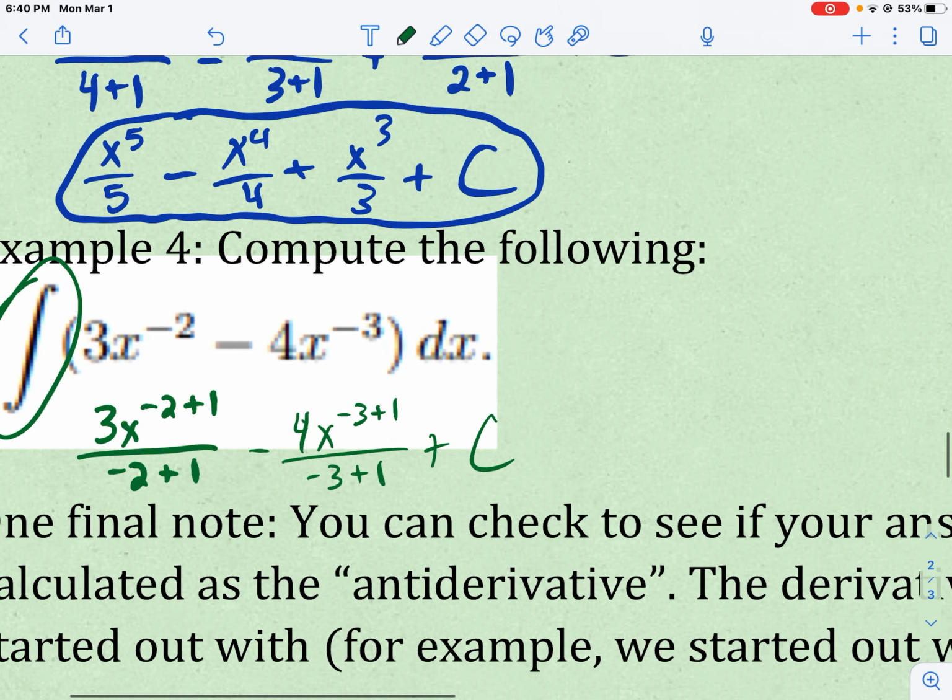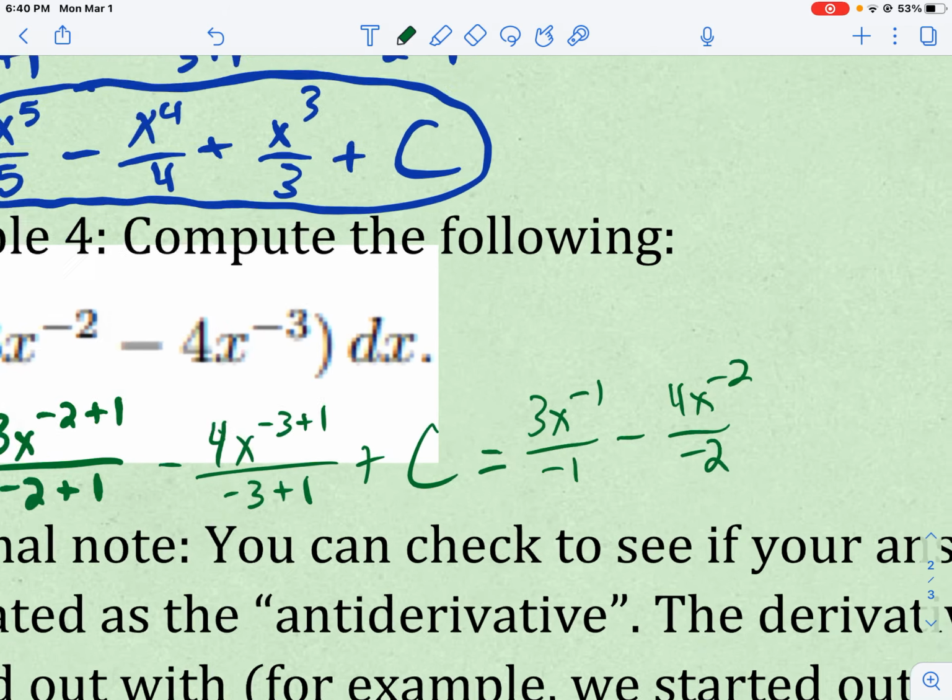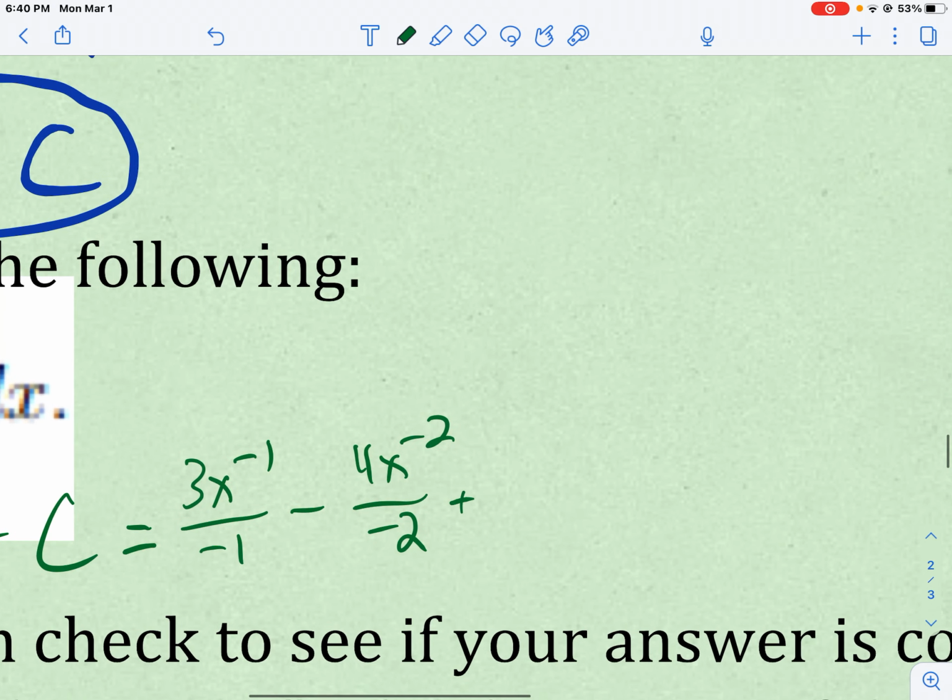And again, you just want to clean this up. We're going to get 3x to the negative 1 over negative 1, minus 4x to the negative 2 over negative 2, plus c.